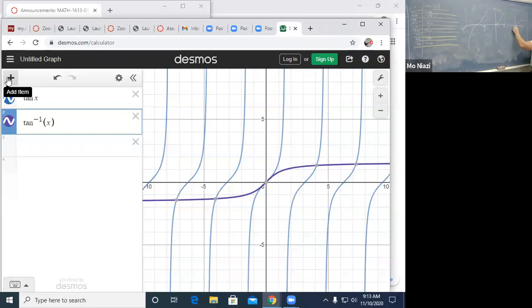And this is what you get, where the vertical asymptotes have now become horizontal asymptotes. And this is your tangent inverse of a length, outputting angles.